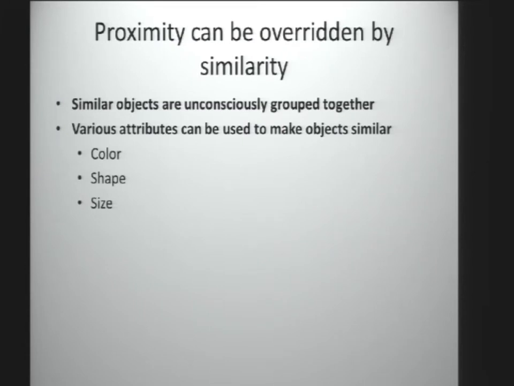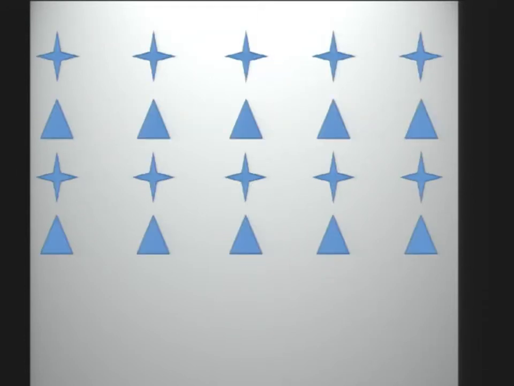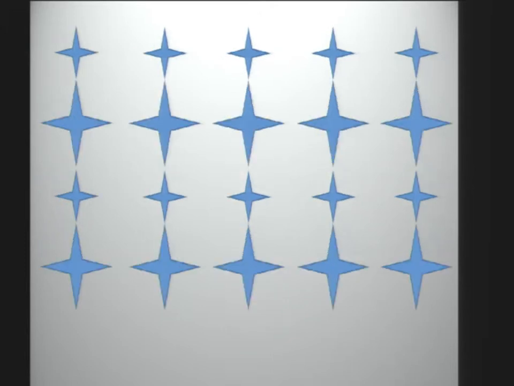Proximity can be overridden by similarity of color or shape or size. Color is probably most powerful. Color will certainly get us some rows, but we can also group by shapes. We'll see rows if things are similar by shape. Even by size, we will tend to see groupings of things that are the same size.